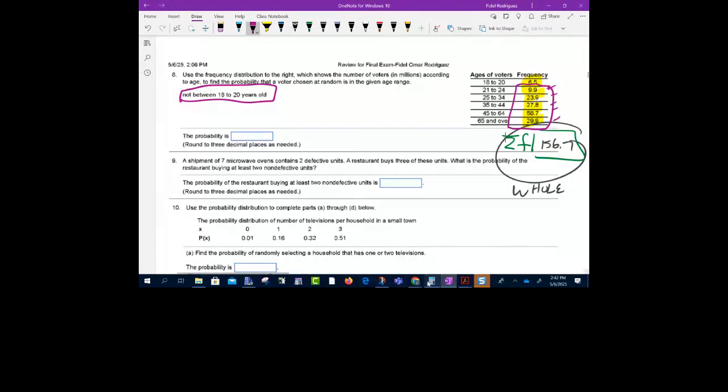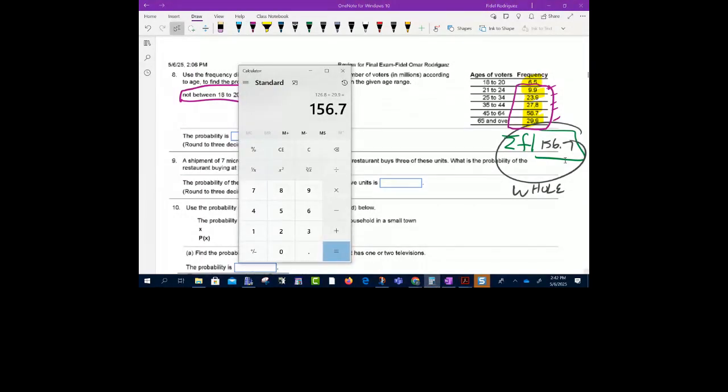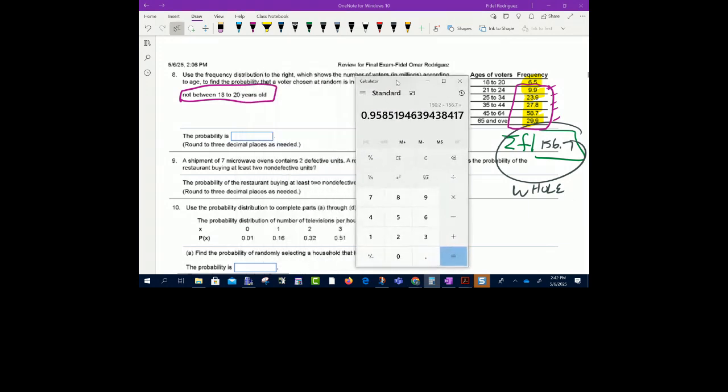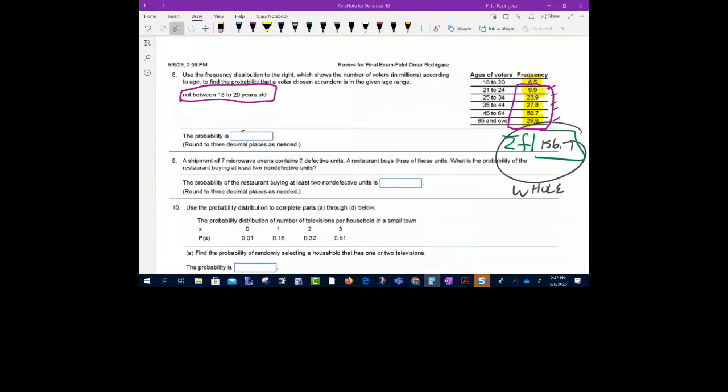The easy way is, we know all of them is 156.7, so all we need to do is take away the 6.5, and then divide that number by 156.7. They want us to round to 3 decimal places. My friends, would you say 0.958 or 95.9? 95.9, right? So 0.959, and there we go.